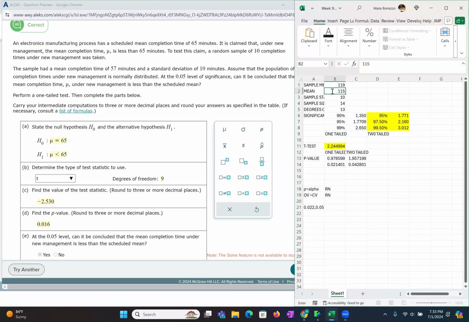The standard deviation was 13, and the sample size was 10. In your case, you should have selected, if it's greater than, 0.117986. The problem was when I put the answer in, it told me I got D wrong, which I don't understand because I took it right from the p-value from my Excel. So the p-value would be the bottom one, because this is above. Oh, okay, sorry, my bad.